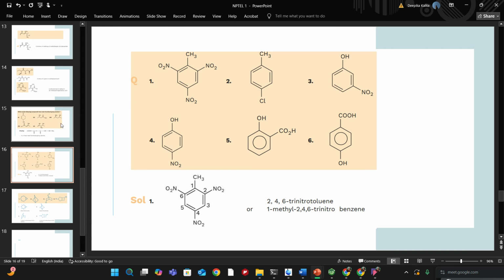In this one also you can go either clockwise or anti-clockwise. If we go clockwise, then this substituent will get number 6. But if we go anti-clockwise, then it will get number 2. So choose the number which will be the lowest, and that will be assigned to the substituent.